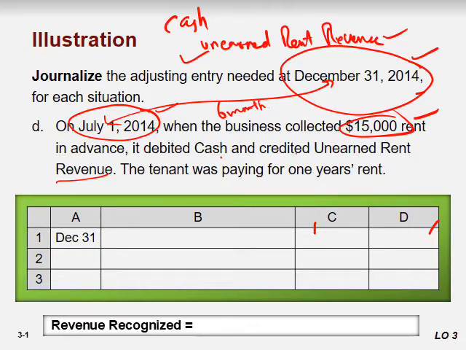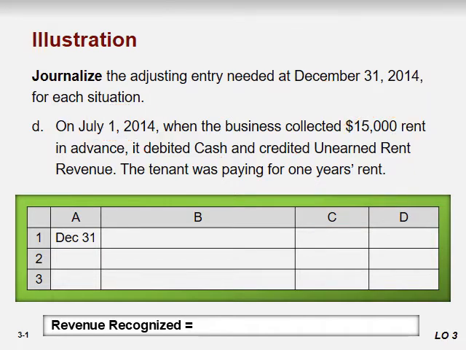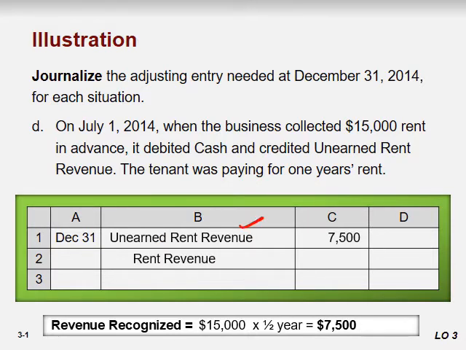So now the entry would be we reduce the liability, which is unearned rent revenue, to rent revenue. Now we can say that we earned revenue. So let me just clean that one, and the answer would be unearned revenue. We reduce the liability. Decreased liability means debit, and increased revenue means credit. So unearned revenue to rent revenue.